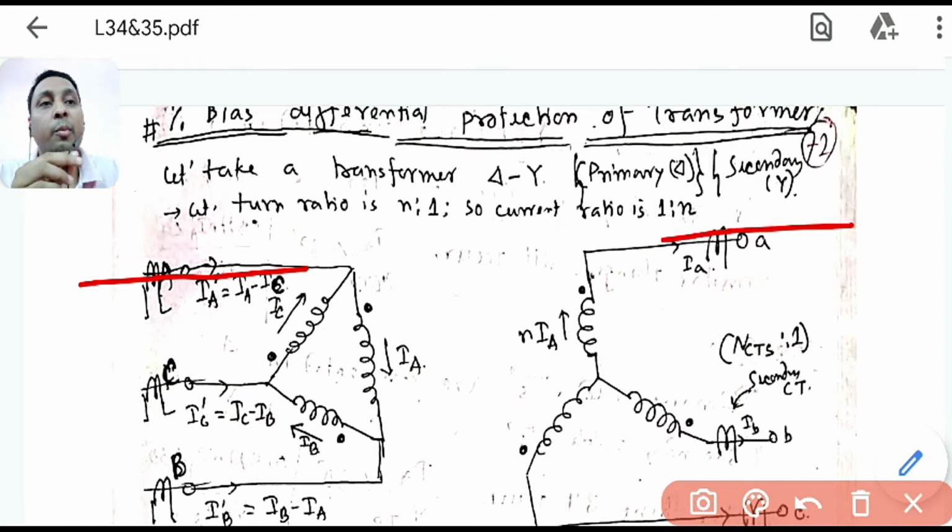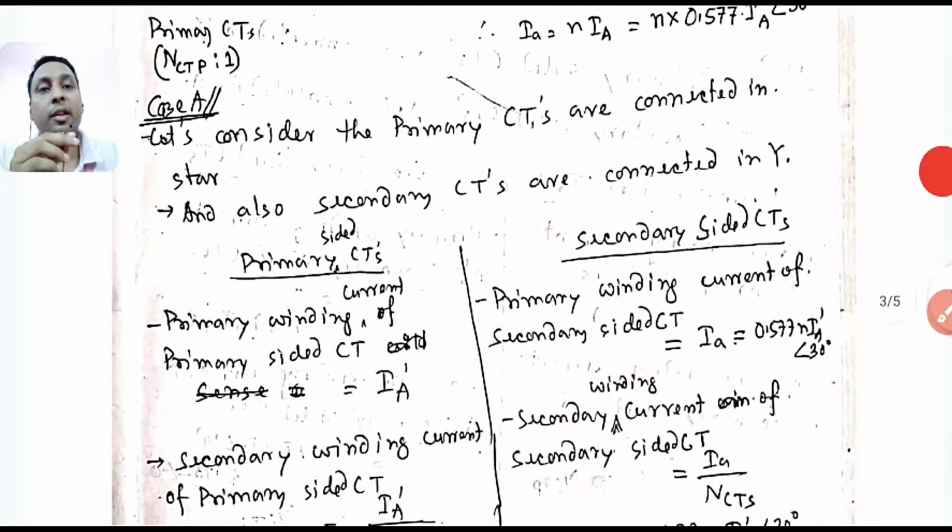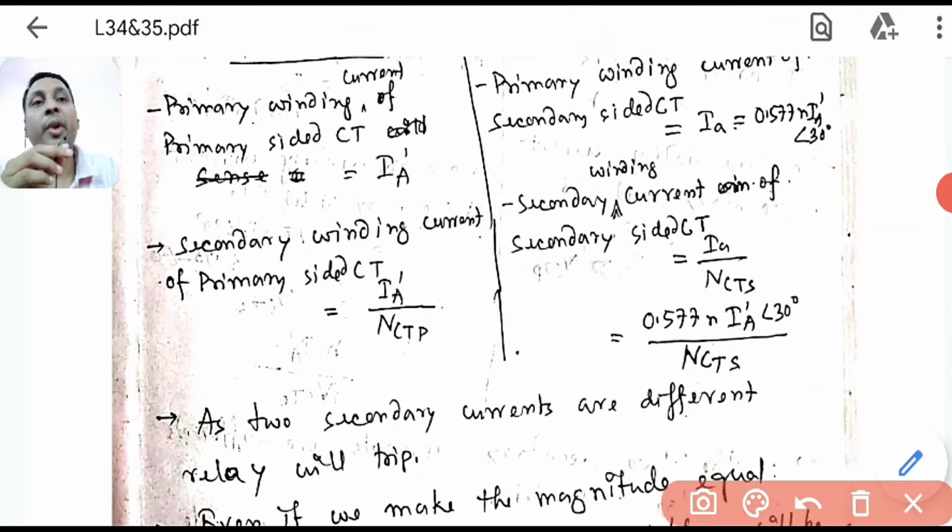And what is the primary winding current of the secondary sided CT? This side is measuring IA, small IA. Think of these two. So the primary winding current of the primary sided CT is IA dash.